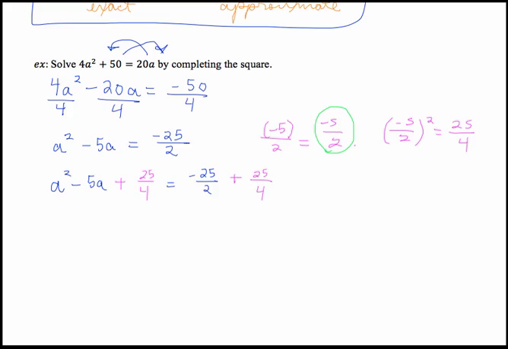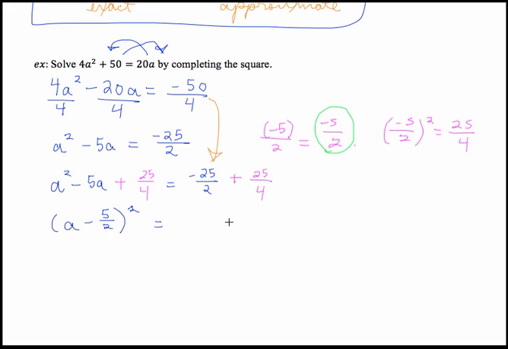Okay, so on the left we have a plus this number, so minus 5 halves, all squared. And then on the right, I need to simplify. I probably shouldn't have reduced this fraction, negative 50 over 4, to negative 25 over 2, because now I need to write it as a fraction over 4.